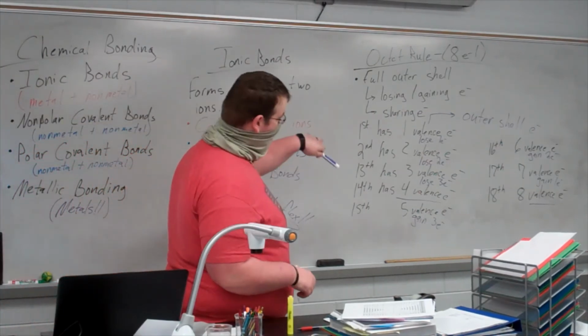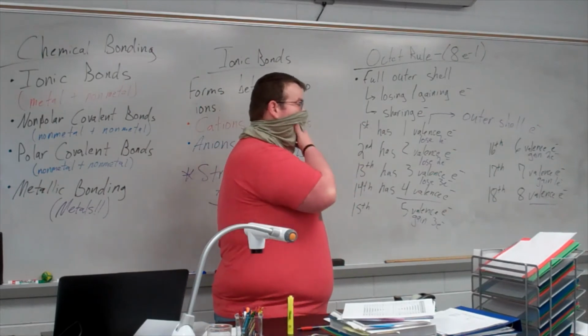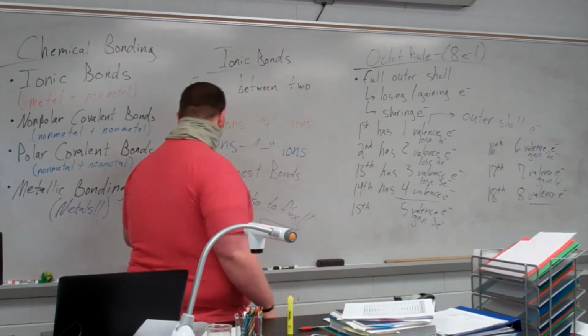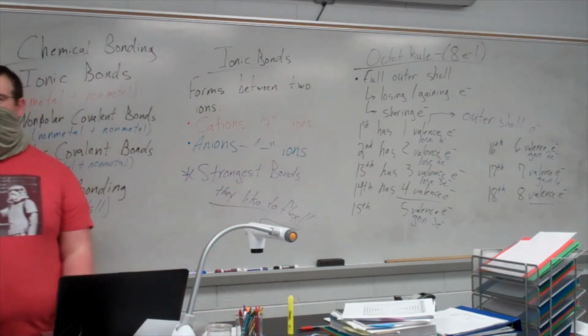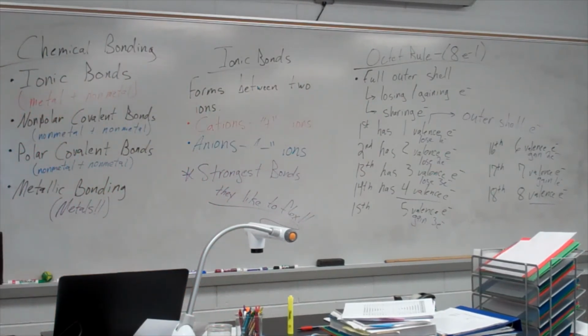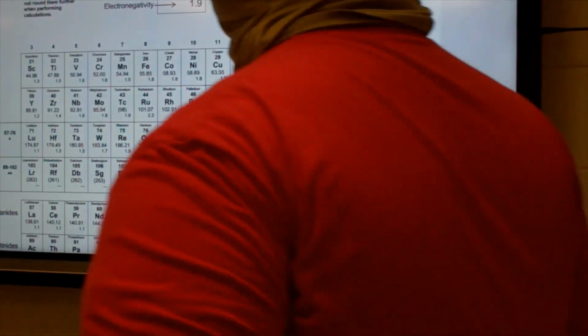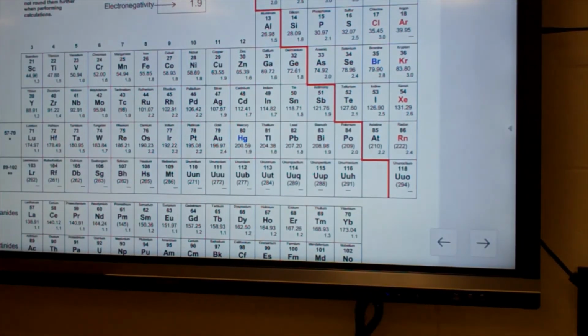This is what they'll do. But now in this, they will also tell you the charges that they'll form. So in this, breaking it over to the periodic table, this is what you're looking at. So we got the columns here.